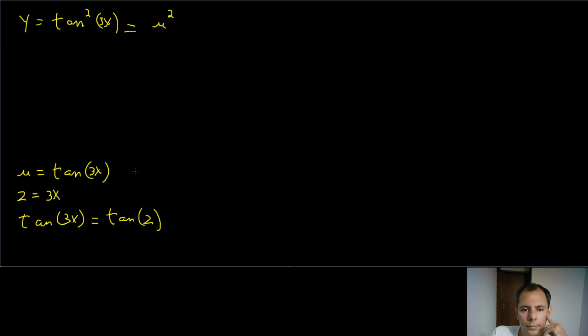All right, so the first thing that you're going to do is the square here, and it becomes a square of what? Of the tangent of 3x. The tangent of 3x is u, okay?